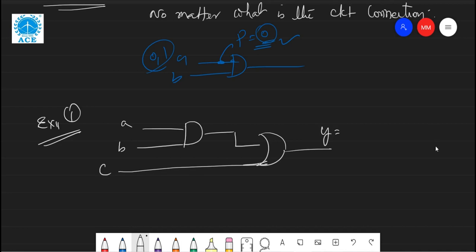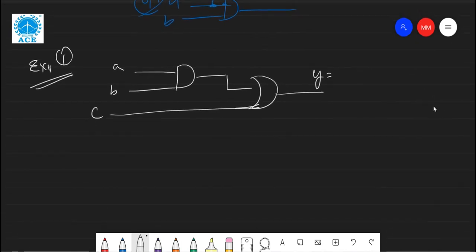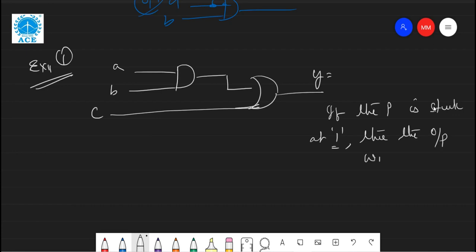Suppose the question is: if P is stuck at 1, then the output will be dash, for example.